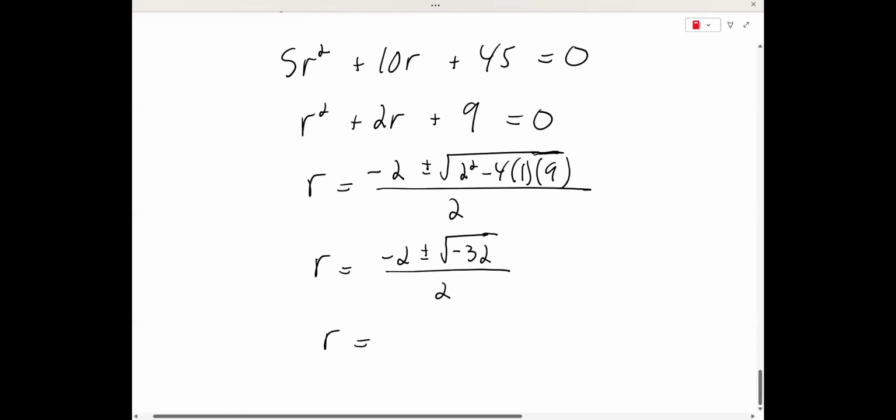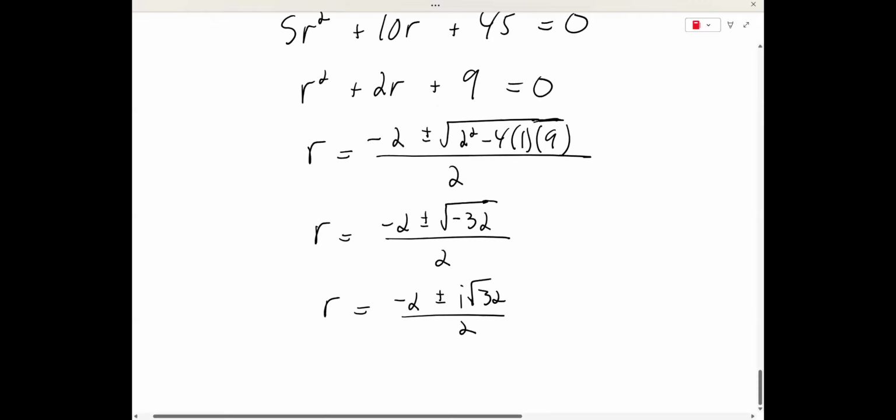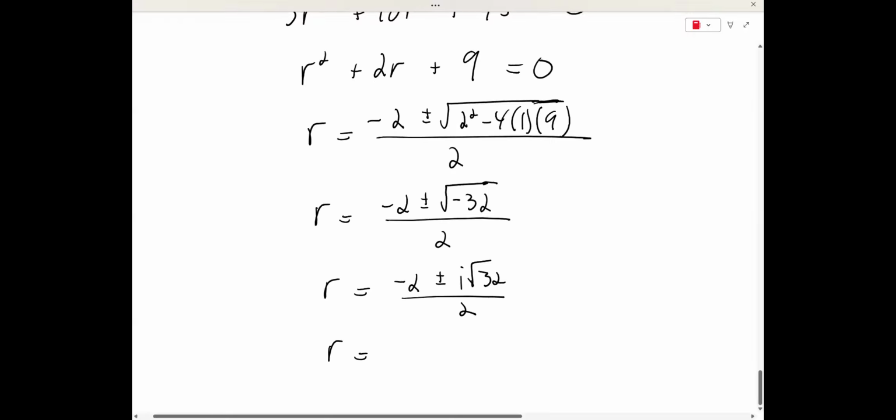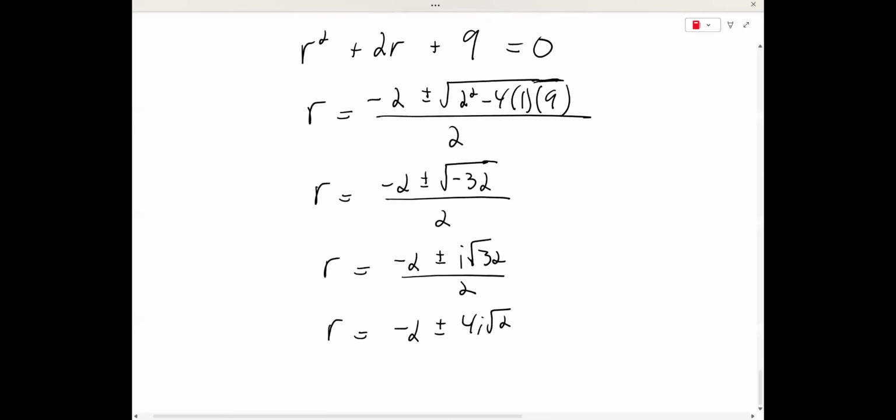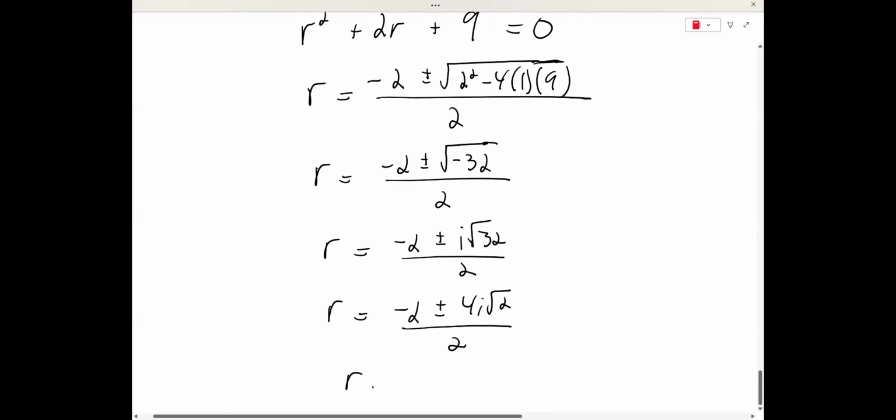So r equals, and then that would be like -2 plus or minus, this is really like i square root of 32, over 2. And that's 4 square root of 2, because 32 is 16 times 2, so you can take a 4 out of there.